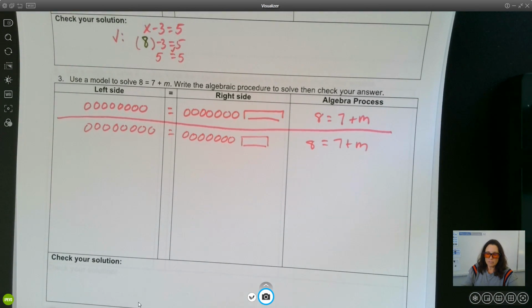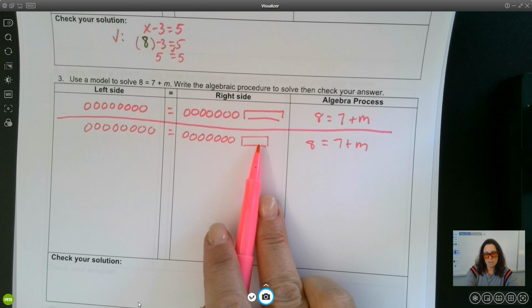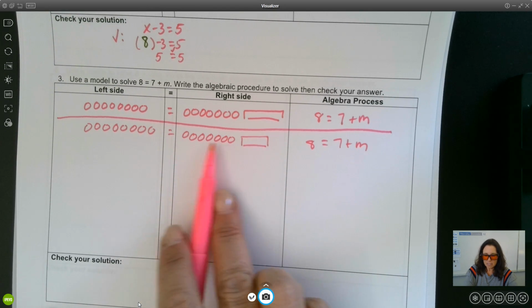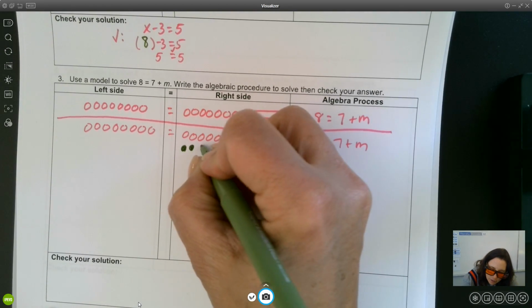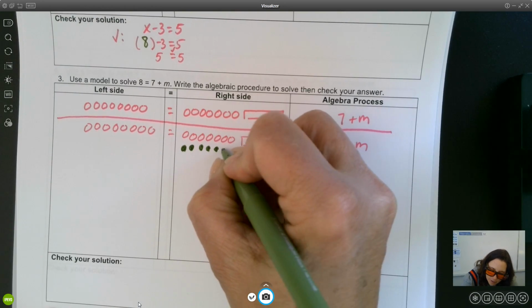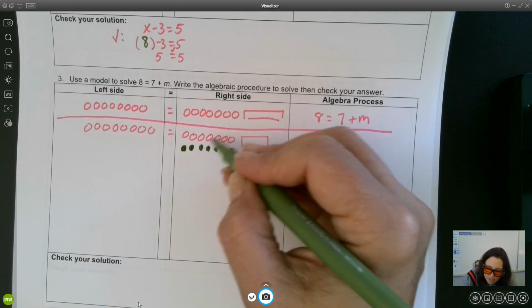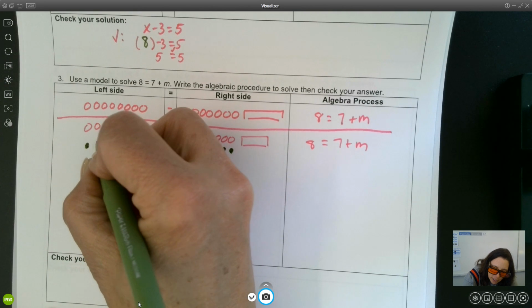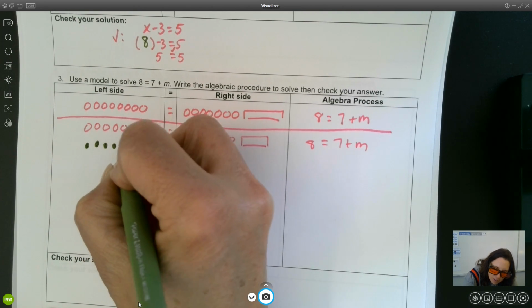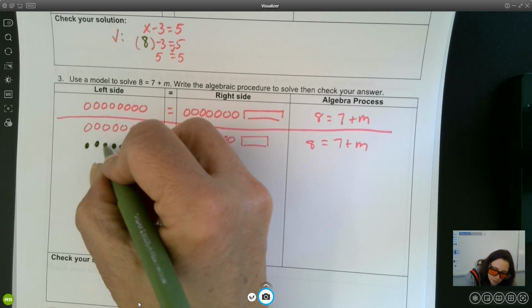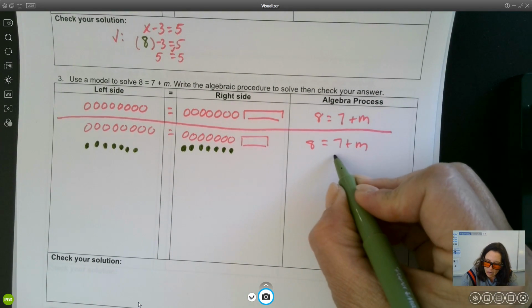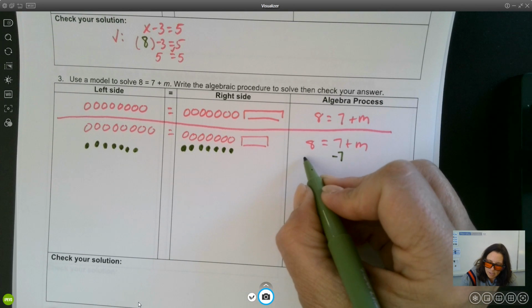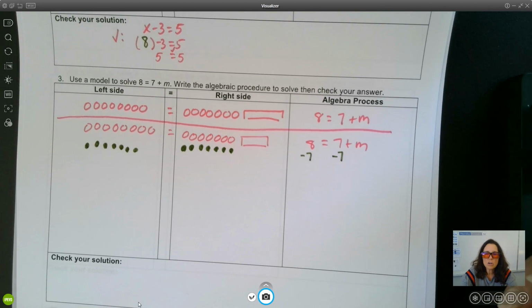Then I ask myself, if I want to get m alone, how do I get rid of 7 positives? I get rid of 7 positives by bringing on 7 negatives here. If I bring on 7 negatives here, I have to bring on 7 negatives on the other side. Perfect. Don't I bring on 7 negatives on both sides here also?